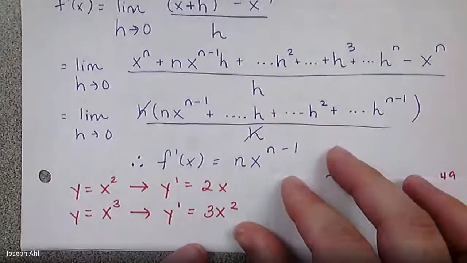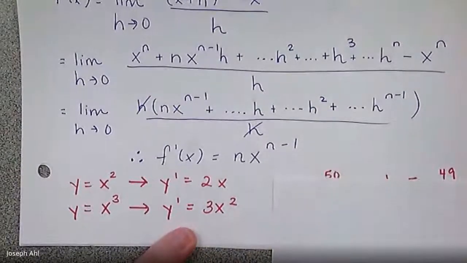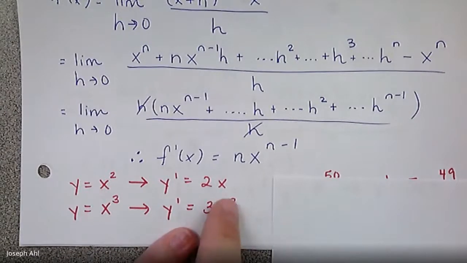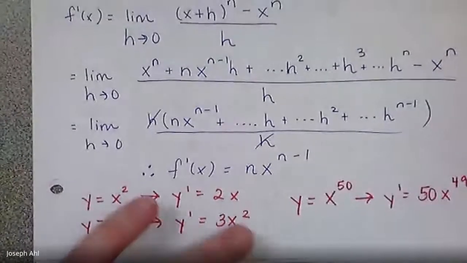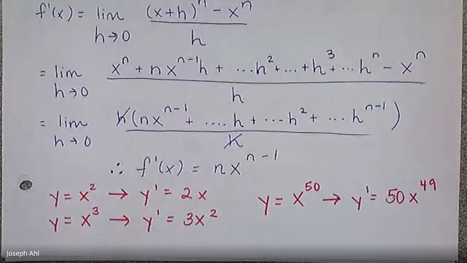Okay, and then y equals x cubed, if we have that as our function, y prime would be 3x squared. Okay, kind of drop that power down. X is now raised to the 1 power less. And if we extend that all the way out to y equals x to the 50th power, we would have y prime as 50 times x to the 49th.